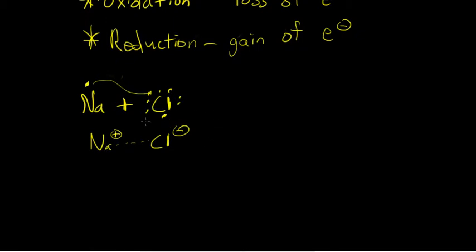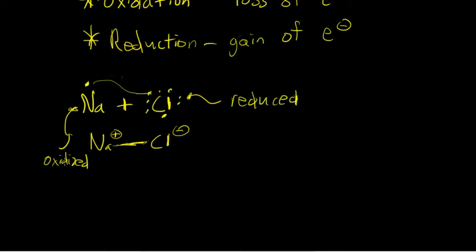And this is another example of an oxidation reduction reaction. This sodium loses the electron here, so I should draw this as a solid bond here. This sodium loses the electron, so we say that it's oxidized, while the chlorine gains the electron, so we say it's reduced.